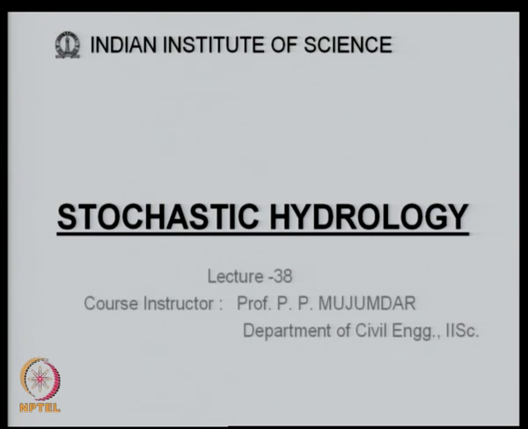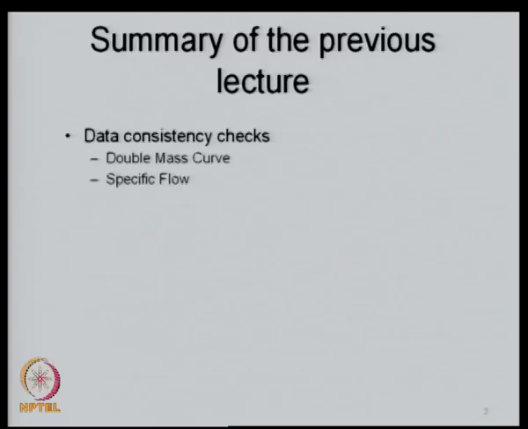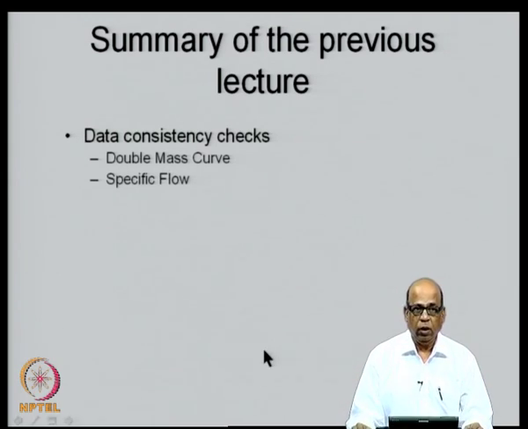along with the consistency of the data itself that I have been discussing in the previous lecture. So, in the previous lecture, if you recall, we were talking about the data consistency checks, and specifically we dealt with the double mass curve and the specific flow concepts for checking the data consistency.